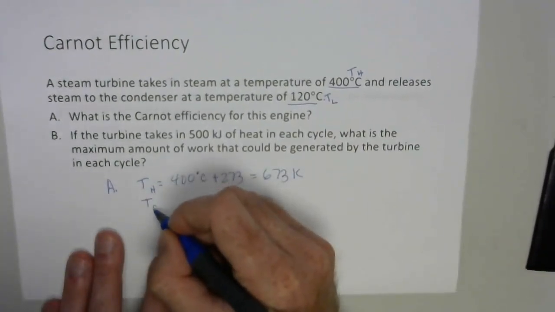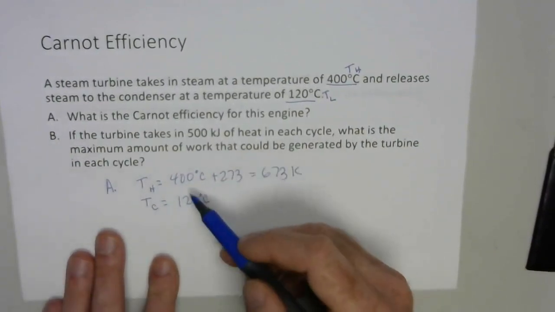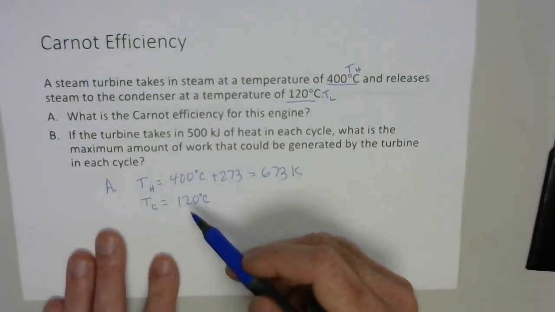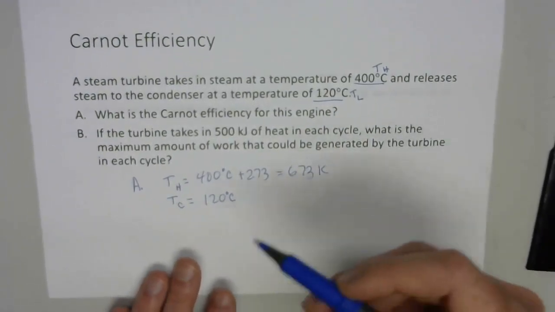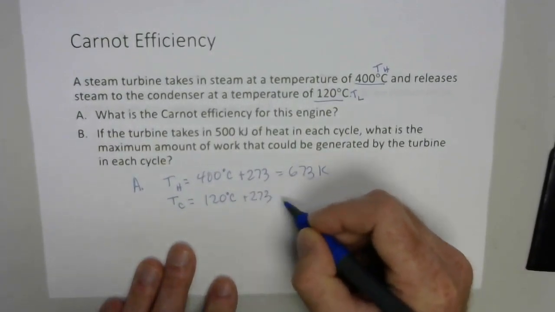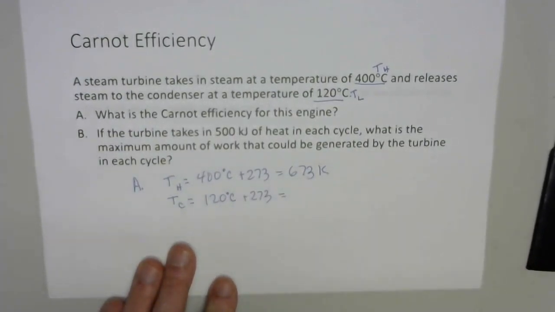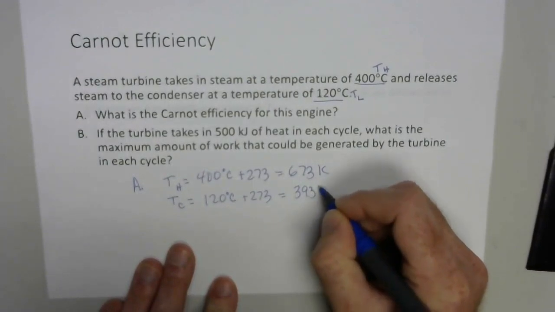The temperature of the cooler reservoir is 120 degrees Celsius, and usually you want that temperature to be near 100 because when you go back to cycle it through again, you want to be able to condense that water back out if you're dealing with steam. So 120 plus 273 will be 393 Kelvin.